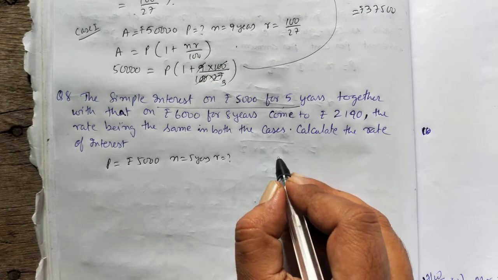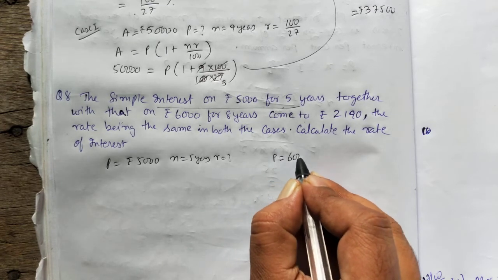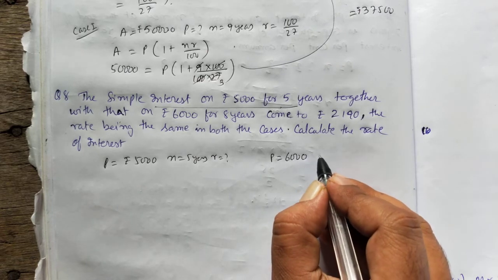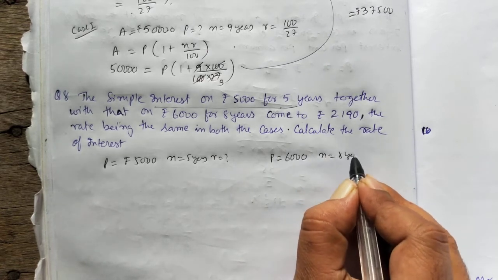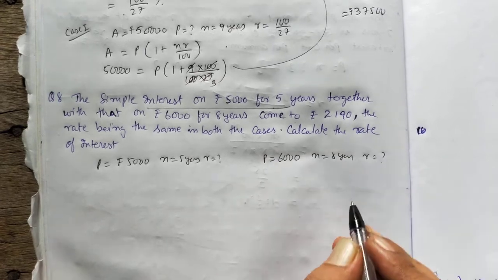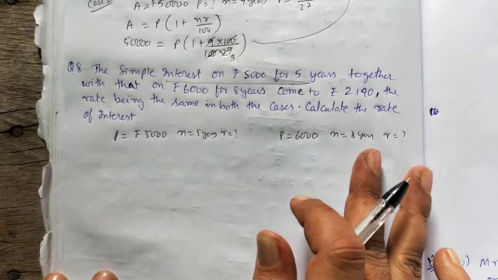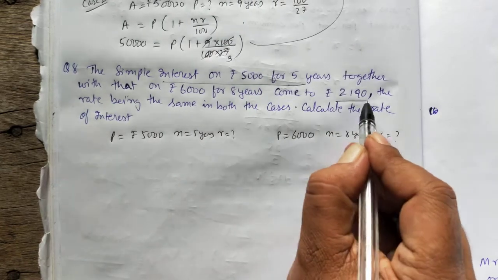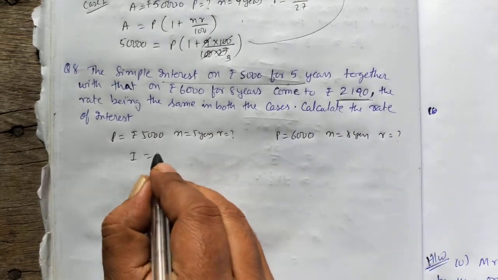The second case is principal is 6,000, N is 8 years, rate we don't know. The rate of interest is the same. The simple interest total is coming up to this much. So let us find the interest of this.